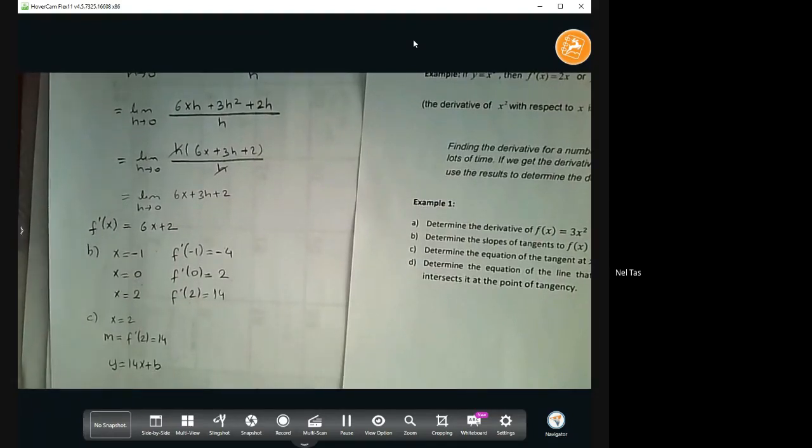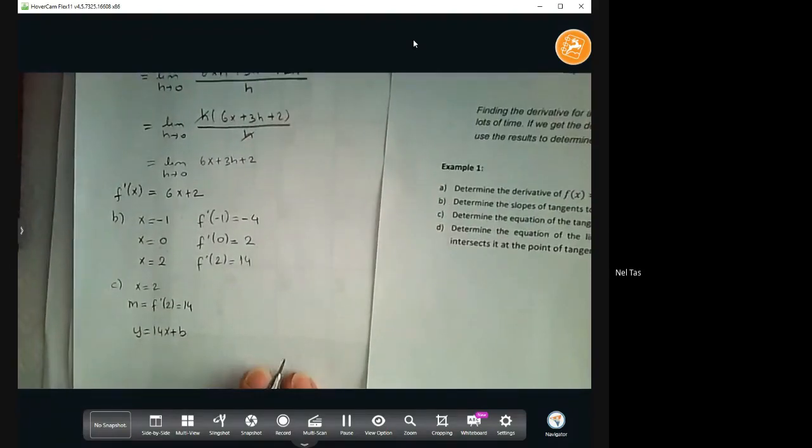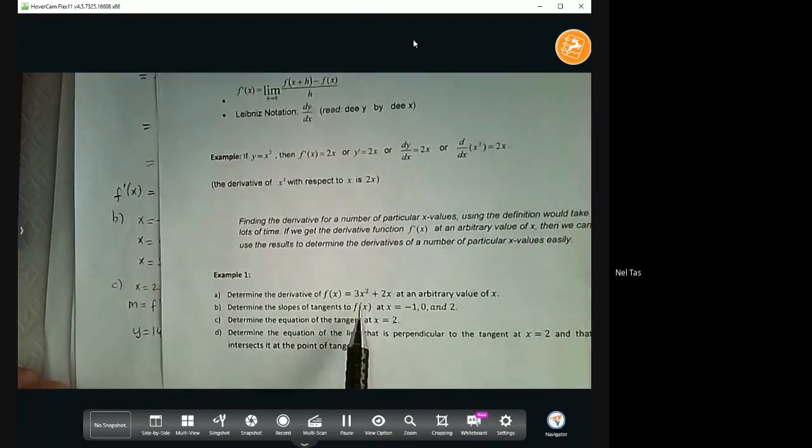To find the b value, we need a point. That point is going to be the point of tangency. So the x value is 2. Now you need to calculate the y coordinate of that point. So you need to substitute 2 in the original f of x to get the y coordinate of it.